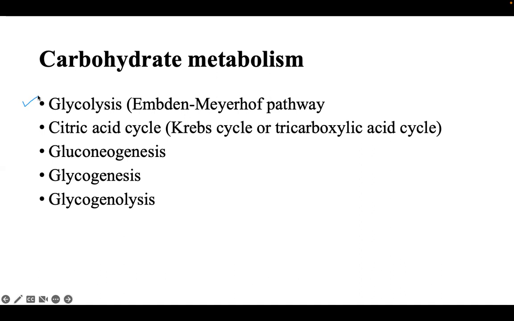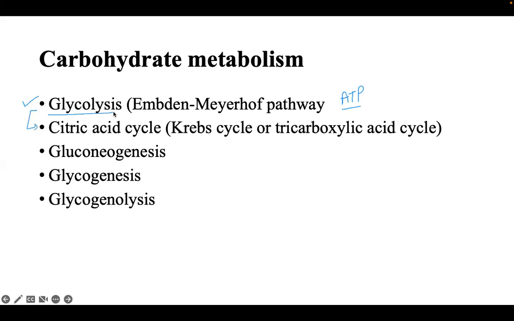Glycolysis is the primary pathway responsible for the production of ATPs. This is the first pathway which acts on glucose for the production of energy. At the end of this pathway, pyruvate is produced, that pyruvate gets converted into acetyl-CoA, and that acetyl-CoA then enters the Krebs cycle for the production of more energy.